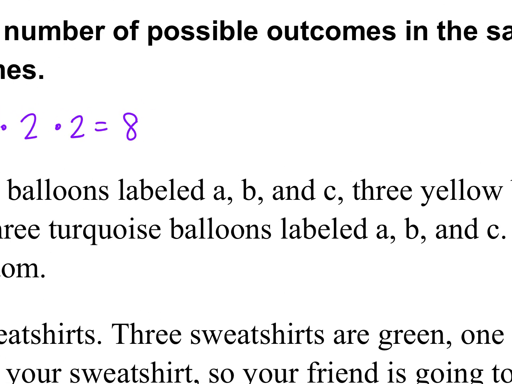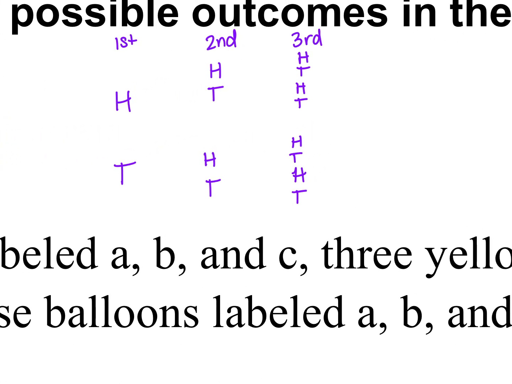So my first flip, I have H and T. My second flip, I'm going to have H and T, H and T. And then my third flip, H and T, H and T, H and T, H and T. Okay, so creating my branches.